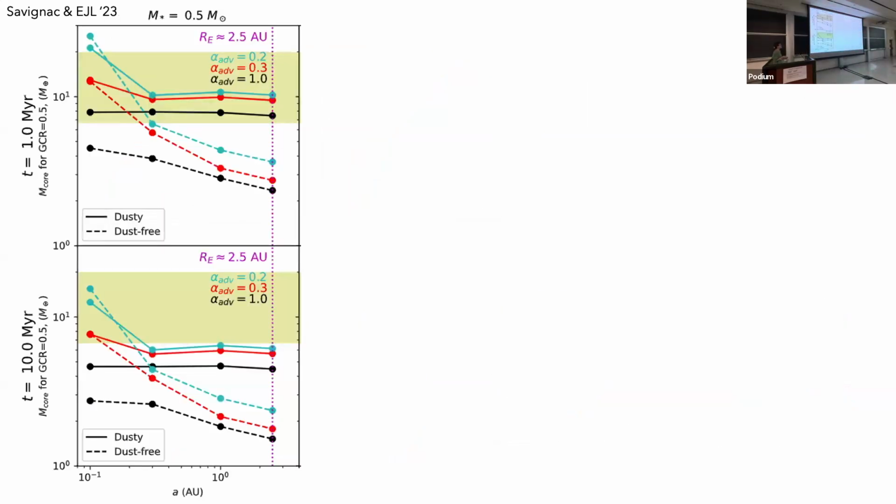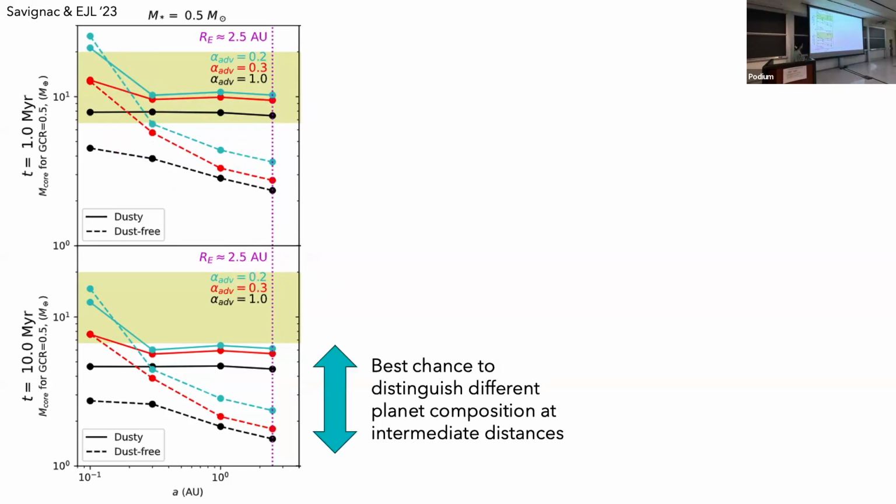And here's a way to demonstrate that. Here, we're making very simplistic limits as a first pass for a dusty envelope versus a dust-free envelope. And you can already see that for the expected location of this mass break, we have the best chance to distinguish between these different planet compositions at the intermediate distances to which Roman microlensing would be most sensitive.